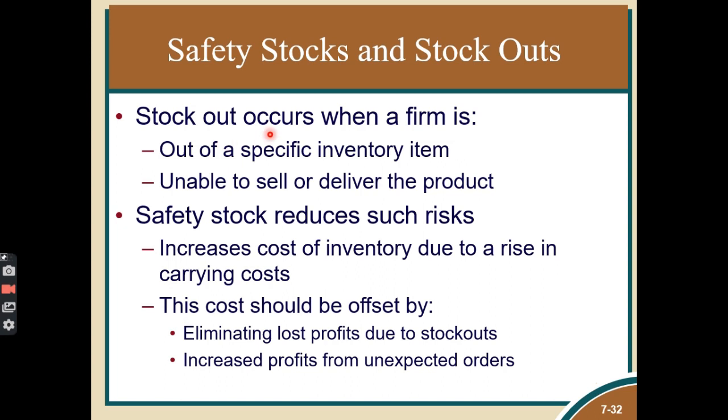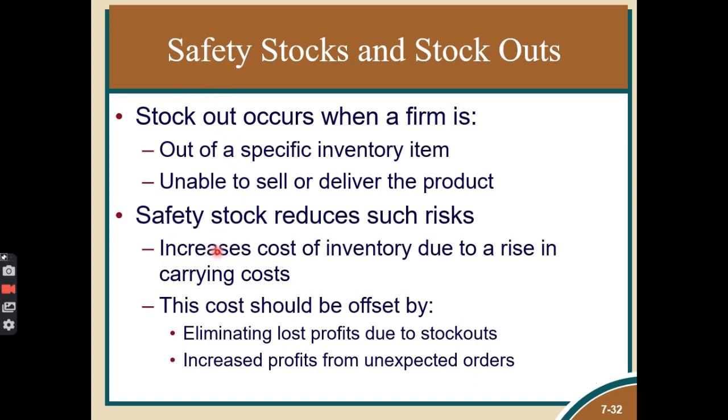So in order for us to avoid this, we are supposed to apply a safety stock. Safety stock reduces the risk of having stock outs, and as a result, this will result in an increase of inventory due to the rise in carrying cost. So it will really increase your inventory cost, but this is basically an offshoot of having a safety stock.